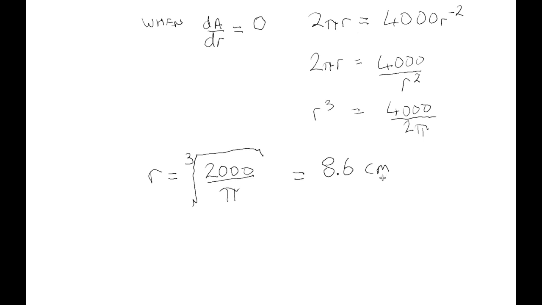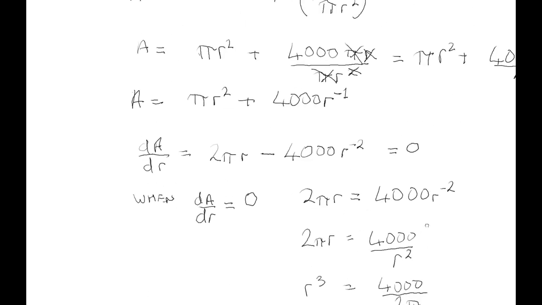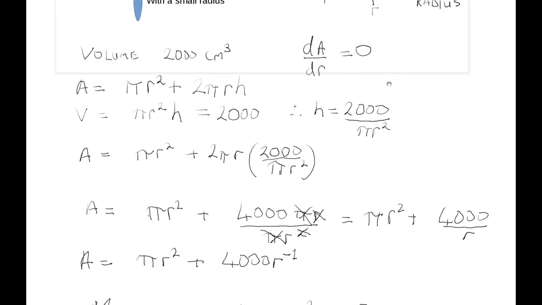Okay, if you want to make a cylinder though, you need two measurements, don't you? You need to know the radius, or your diameter, and you need to know the height. So how do I find the height? Well, that's quite easy. I just go back to the formula here, keeping 8.6 in mind.